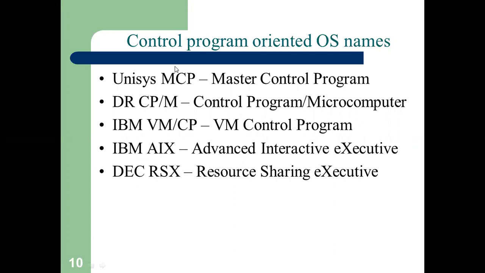Again, this is the name for the control program. This is not the name of the operating system, but these are the names for the control program in various machines. DEC RSX, resource sharing executive. This is the name of the control program, and we will use any one of these control programs with the operating system. So there are various names.